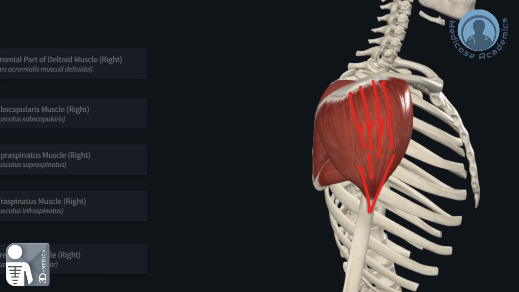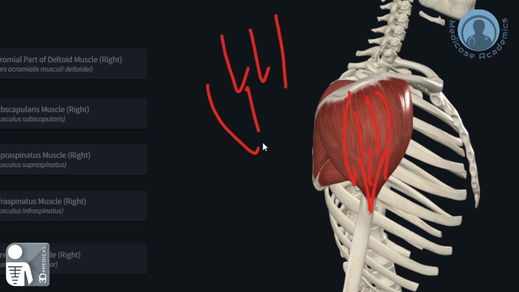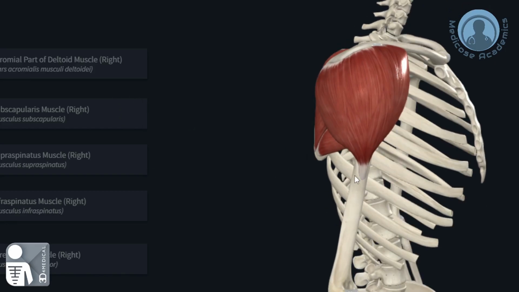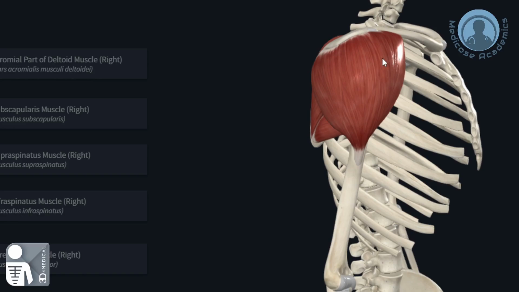You will be seeing some pictures like this in your textbooks. These pinnate fibers interlace with one another like this, and that provides less range of motion, and the trade-off is it gives more power. So this is the origin and insertion, and let us talk about its functions.